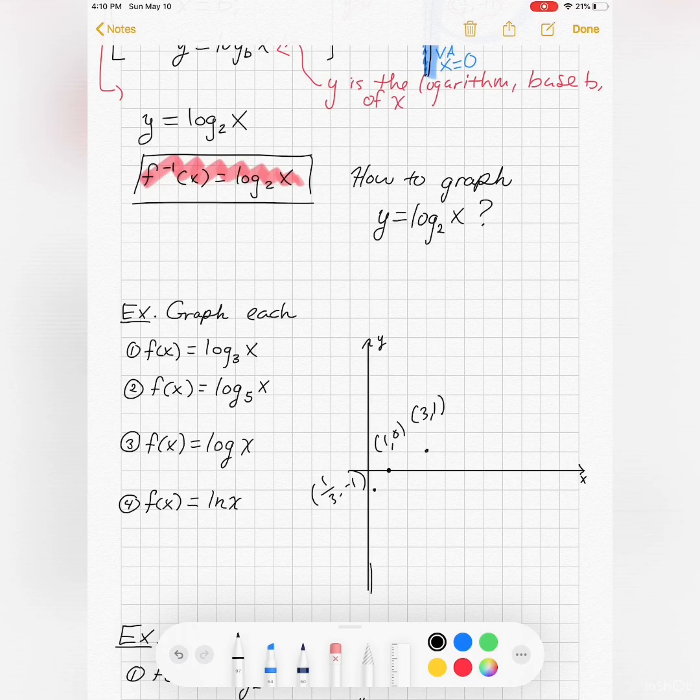So there's the graph of log base 3. And so that has that vertical asymptote, x equals 0.